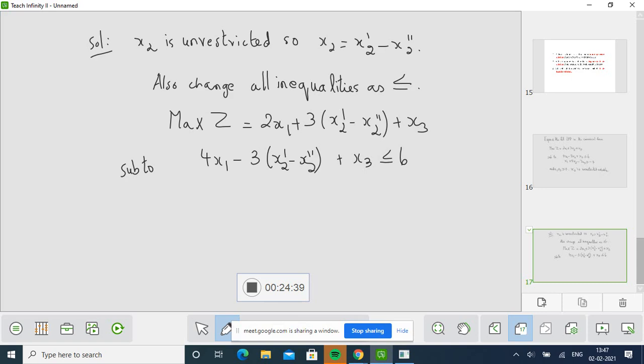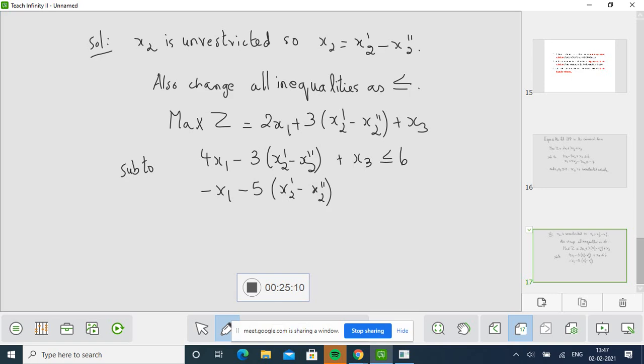So multiply, you write in your notebook, multiply the second constraint by minus 1. So when I multiply this by minus 1, I have minus x1 minus 5 times x2, but x2 has to be replaced by x2 prime minus x2 double prime.